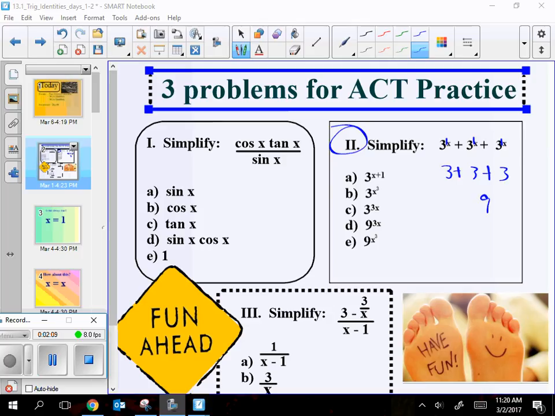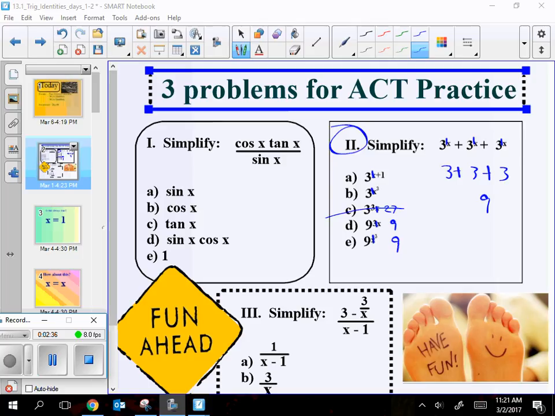Okay, then I could go down here and see if any of these other ones would result in something that would give me 9 if x equaled 1. That's a really good idea. So this one would give me 9, so it could be that one. This one would give me 9, so it could be that one. This one, 3 to the 3rd, that'd be 27, so it can't be that one.